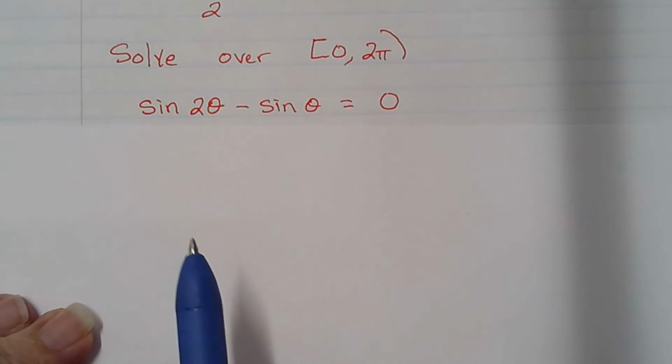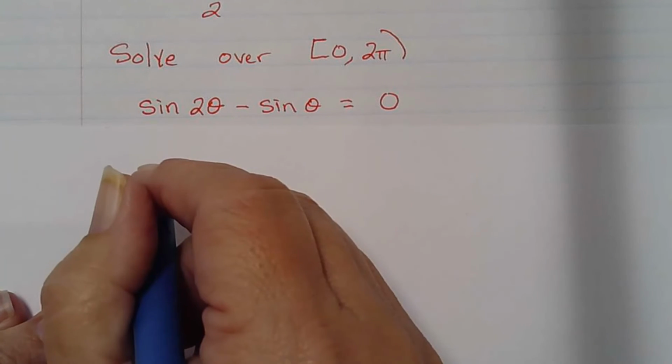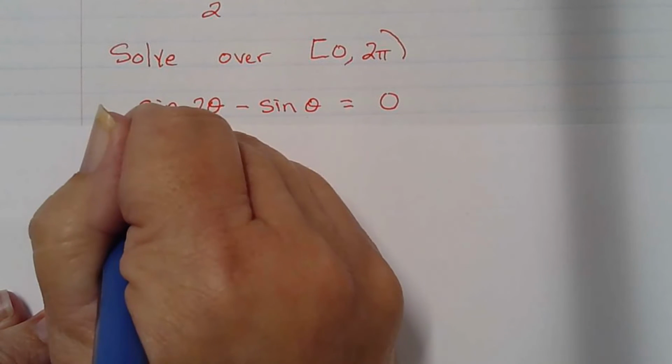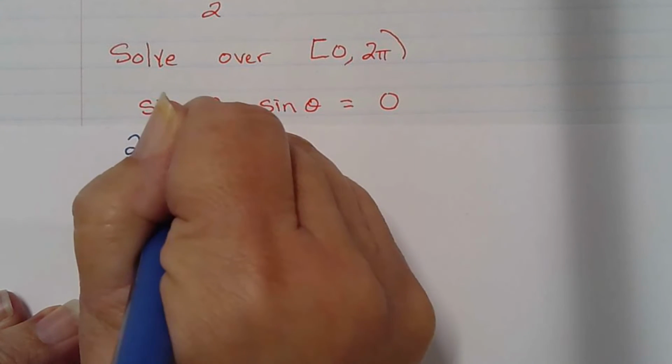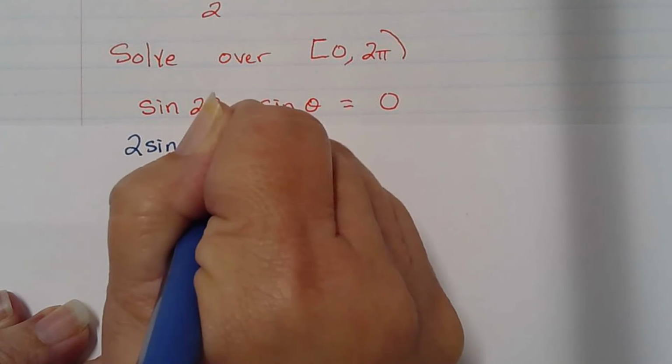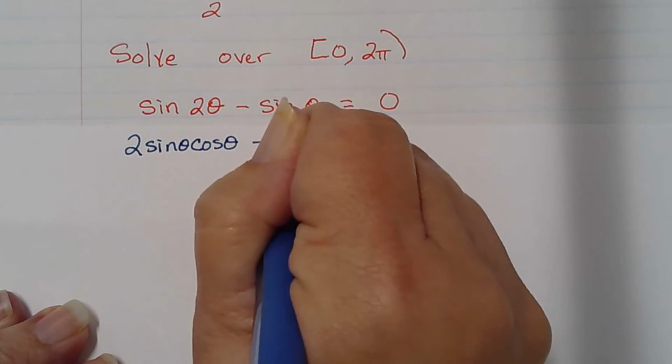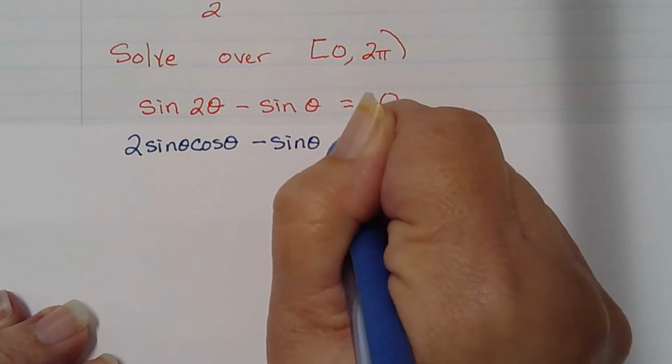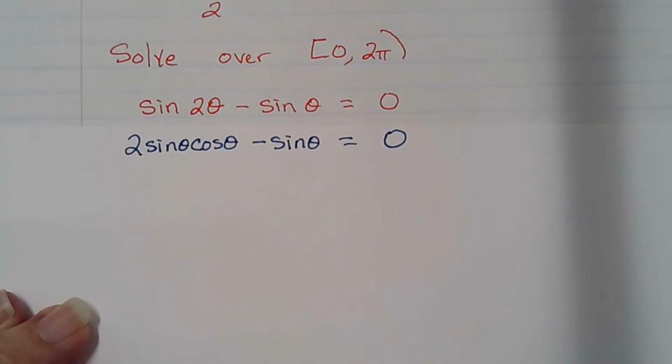So if we look on our formula chart again, sine of 2 theta is 2 sine theta cosine theta, and then bring down your minus sine theta is equal to 0. All right, at this point, we have it set equal to 0. Do you see anything that we can factor out?